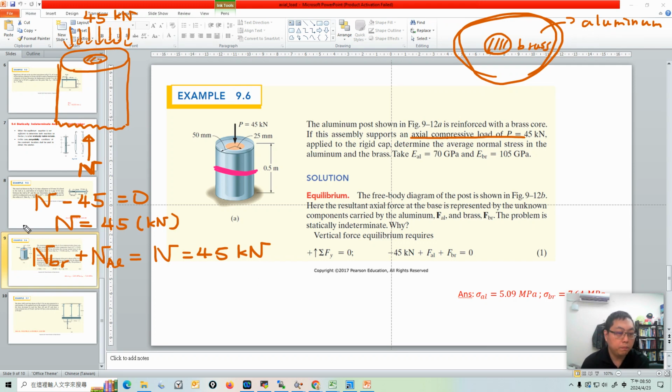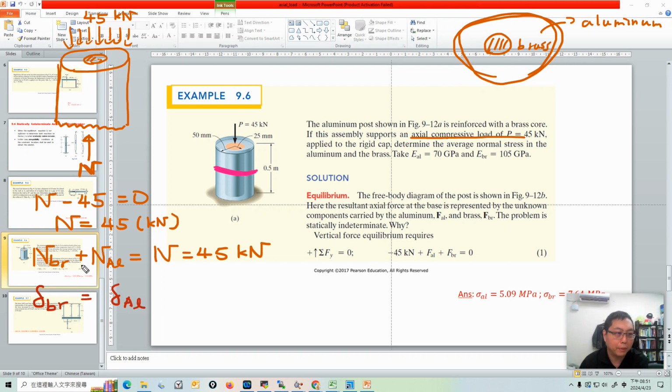So what's the other equation in this problem? Because this coaxial bar is subject to the average external loading, it leads to this compatibility condition: the strain of the brass is equal to the strain of the aluminum.